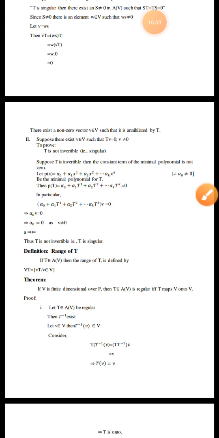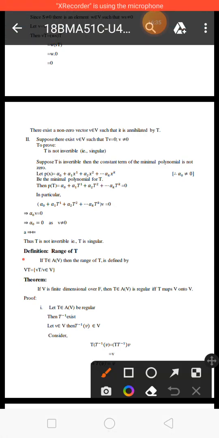So what is the range of T? Now the definition comes. If T belongs to A(V), then the range of T is defined by VT = {vT such that v belongs to V}.